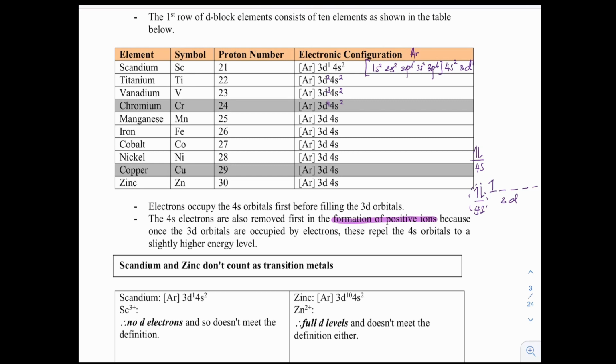But if you look at it carefully, judging at this configuration, let's say this is your 4s orbital and this is your 3d orbital. 4s has 2 electrons and 3d orbitals has 4 electrons. What is going to happen is that this configuration is not stable.